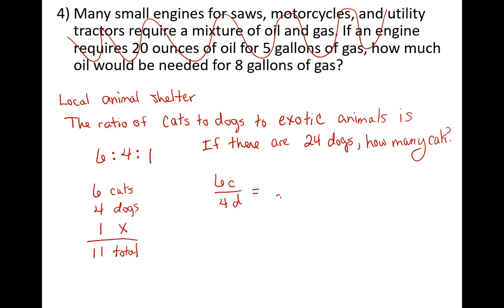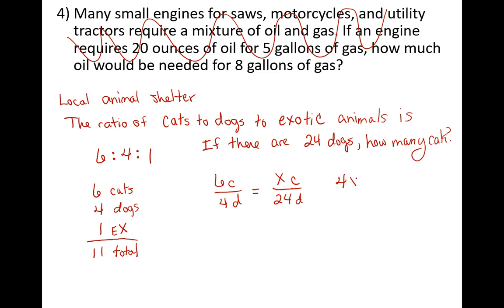So if I have 24 dogs, I would expect there to be X cats. And I'm going to put EX for exotic. I don't want you to mix that X up. You could use a different variable, but you get the ratio of cats to dogs is 6 to 4. X cats, 24 dogs. I cross multiply to solve that.